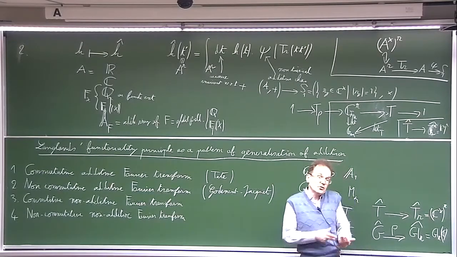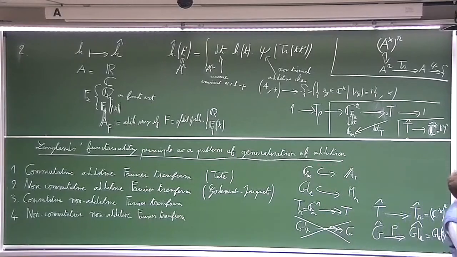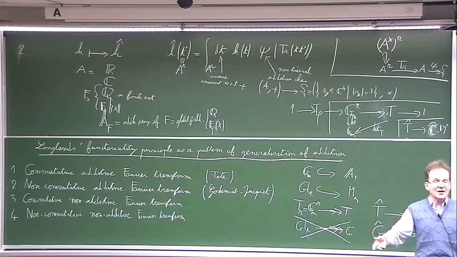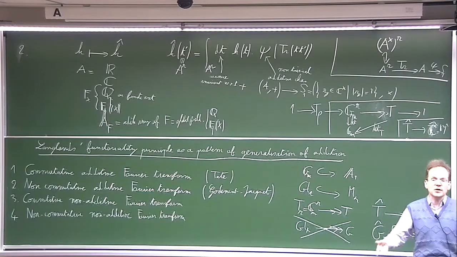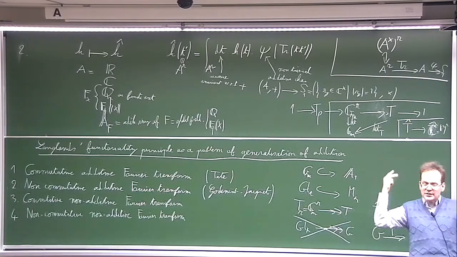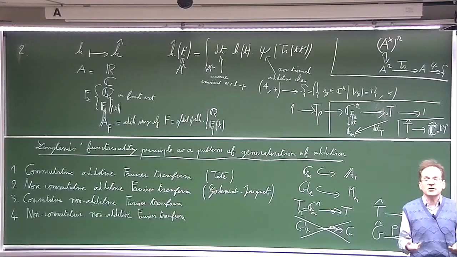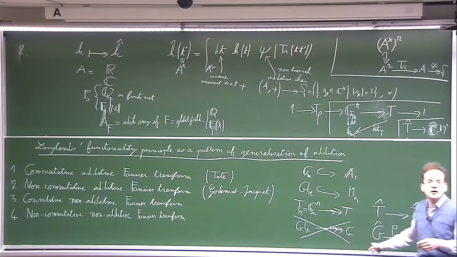Of course, Langlands did not state it in this way, but it can be proved that what Langlands has predicted is equivalent to the fact that everything I have said can be generalized in this situation for an arbitrary ρ.